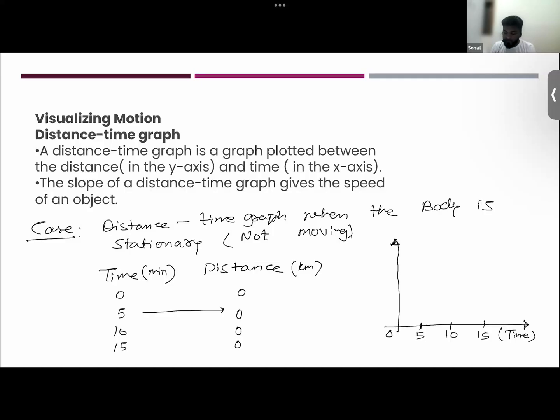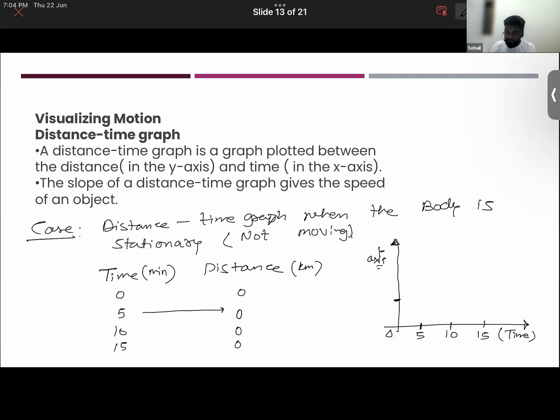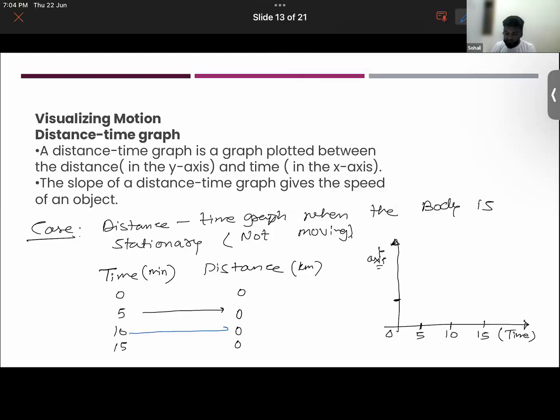Let's say the object is standing at this position on the y-axis. At time t here, did the distance of the object change? It still was 0 here. So it will be here, right, Mafas? Yes, sir.